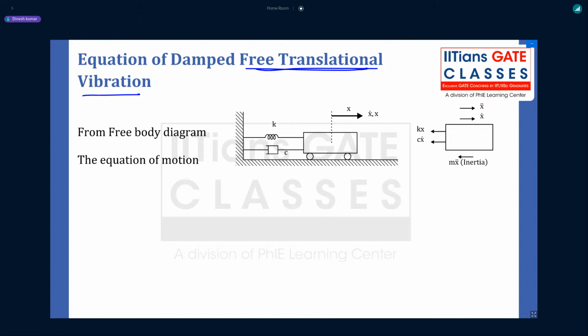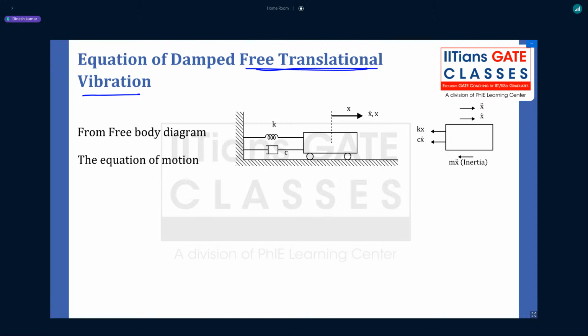But there can be damped free rotational vibration, and damped free torsional vibration also. So whatever equation we use for translational vibration, the same we cannot apply for rotational or torsional vibration. Okay, so guys, if any doubt, any concern, you can tell me. Any doubt or any concern, guys?